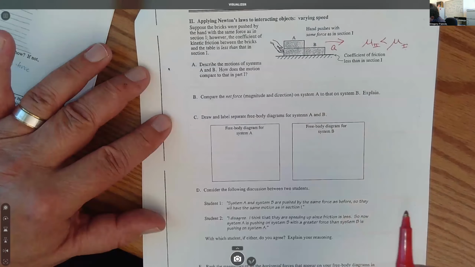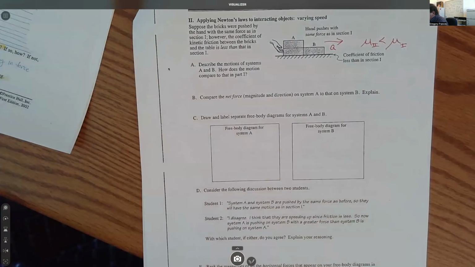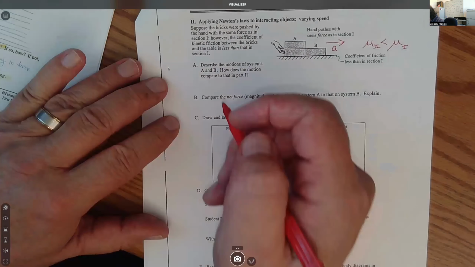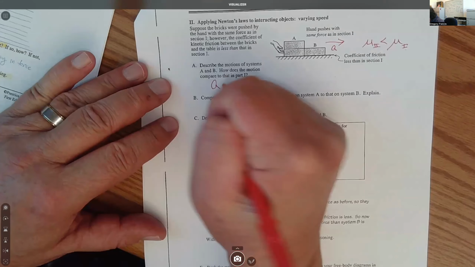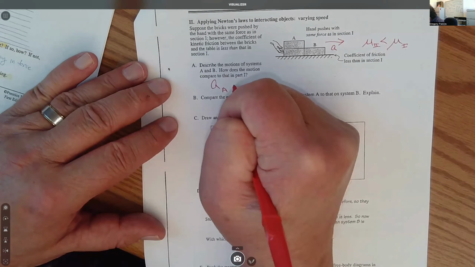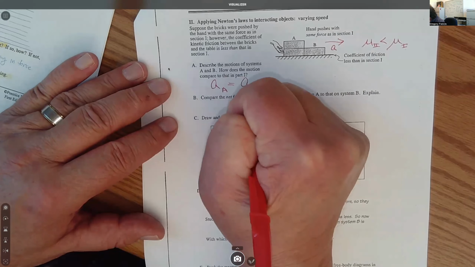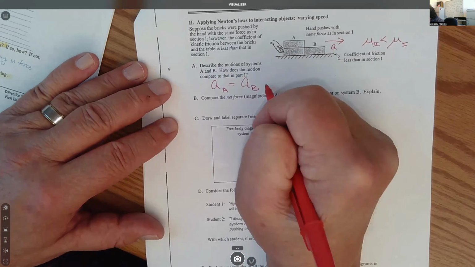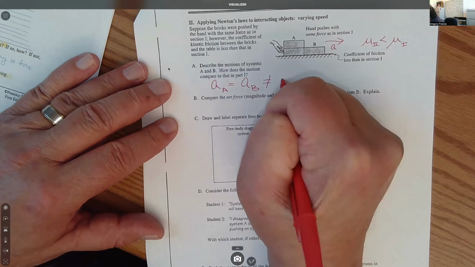And because they're moving together, every time A moves to the right by an inch, B moves to the right by an inch. So that means that the acceleration of A is equal to the acceleration of B, and it is not 0.